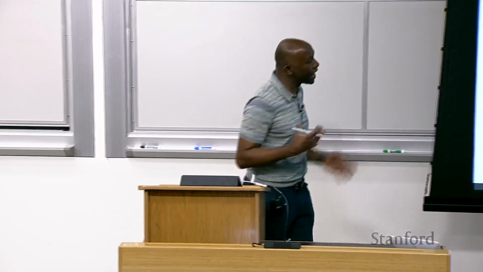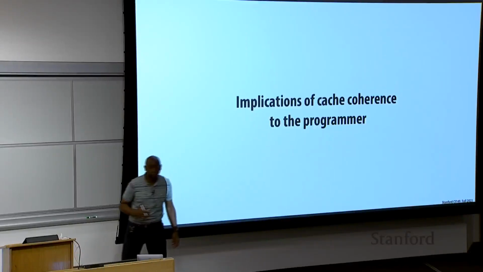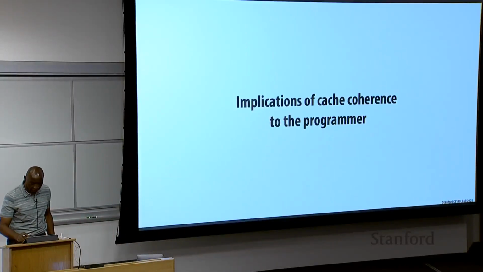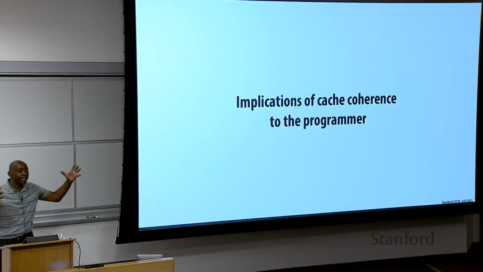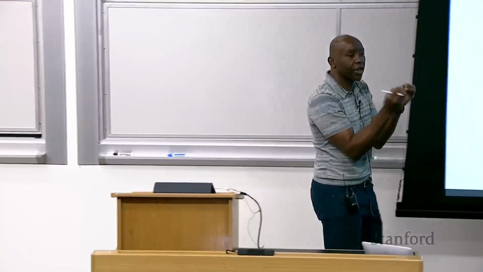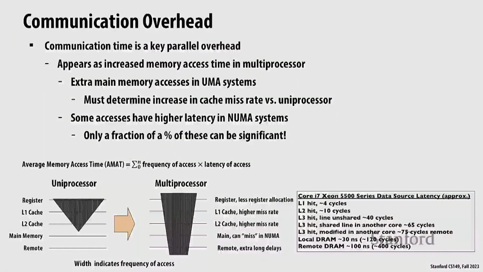All right, so what are the implications of cache coherence to the programmer? The issue, as we've already talked about, is that when you have communication in your application, since you're sharing memory and the processors have caches kept coherent by cache coherency mechanisms, the distribution of accesses in your system is going to change.